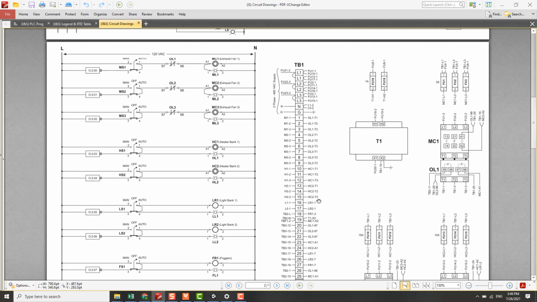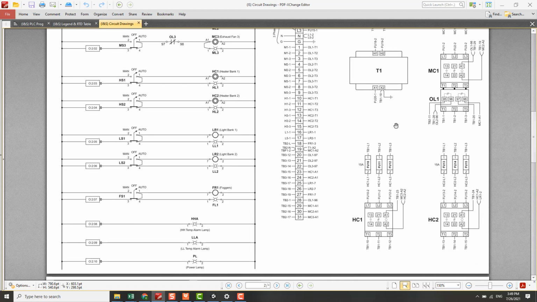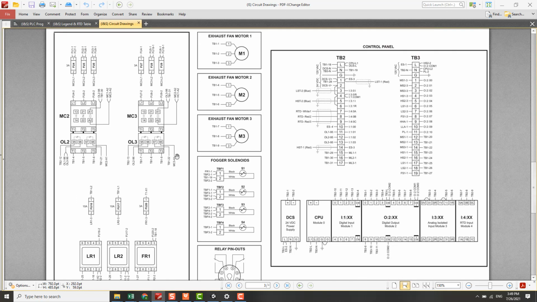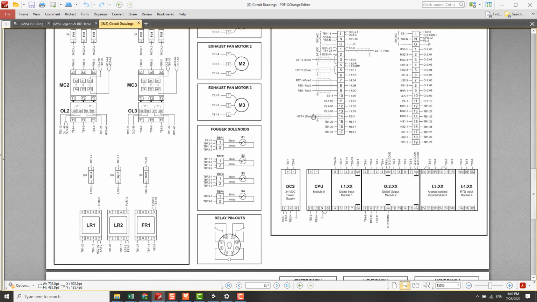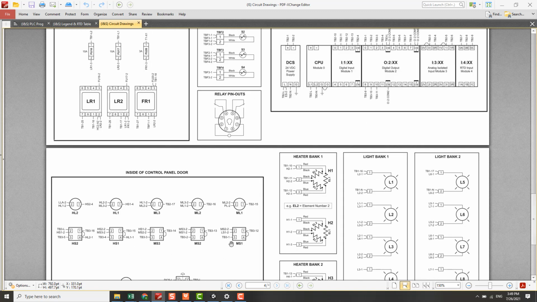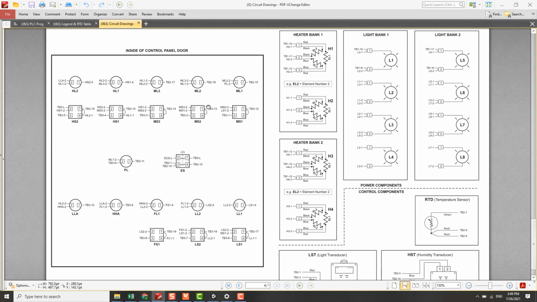Okay, this is what we call a wiring diagram. This is a wiring diagram for the power circuit, and the wiring diagram for the control circuit, which includes the PLC itself, and also the wiring diagram for the control circuit that mostly deals with the control panel lighting.